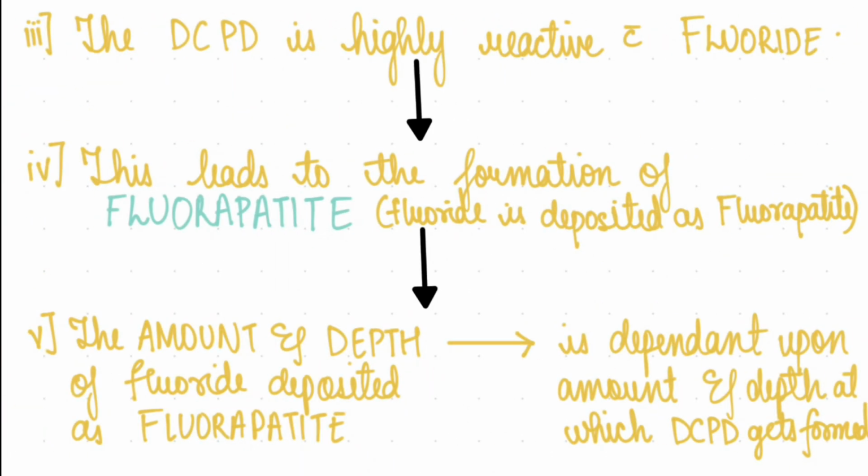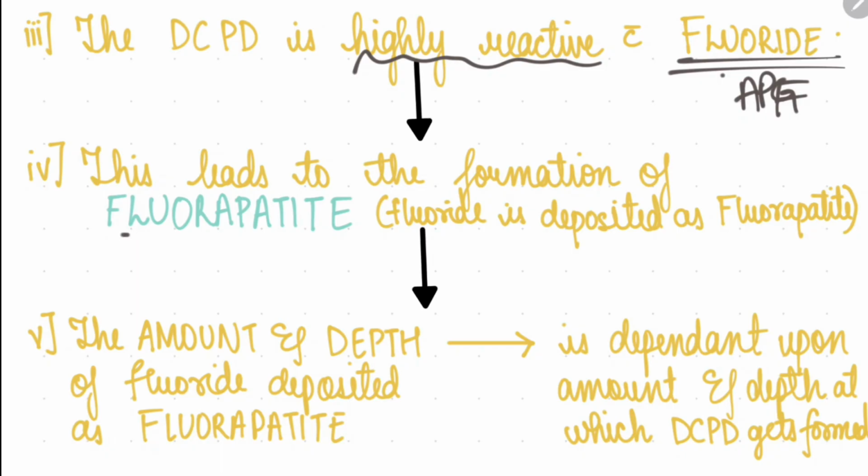Now this dicalcium phosphate dihydrate is highly reactive with fluoride. So it reacts with the fluoride in the APF solution or gel, whatever it is. It reacts with fluoride present in APF, and this leads to the formation of fluorapatite.